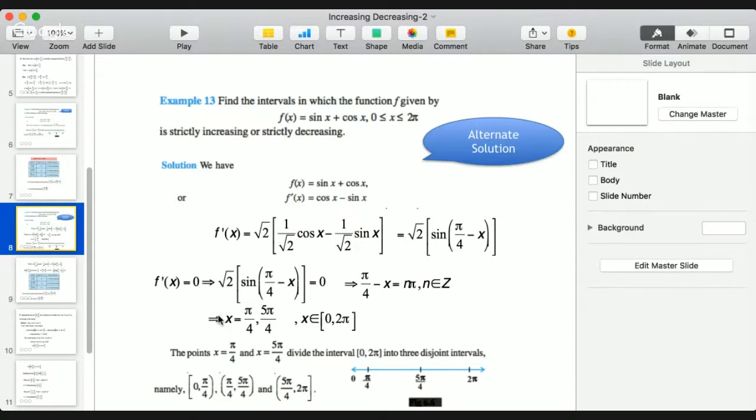The general solution of sine is n pi plus minus 1 whole raised to the power n into alpha. Here we are talking about sin theta equal to 0, so theta will be just n pi. Since x lies between 0 and 2 pi, there will be only two values, which we got with the earlier method as well: pi by 4 and 5 pi by 4.